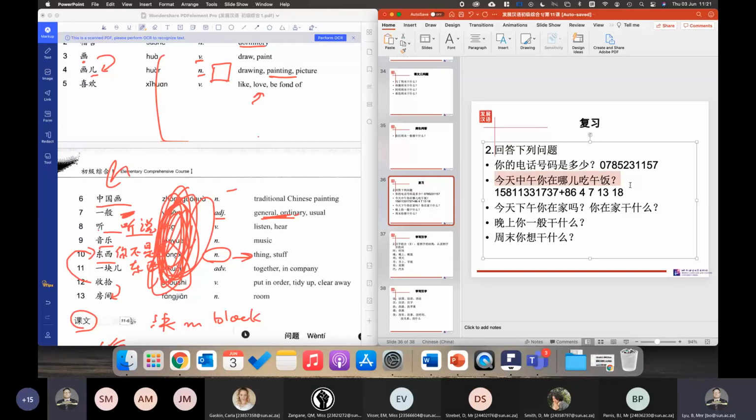今天中午你在哪儿吃饭? Anyone answer me? 今天中午你在哪儿吃饭? 今天中午我在家吃饭。 This afternoon eat alone.